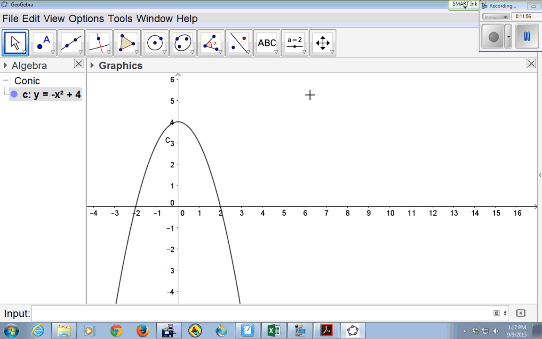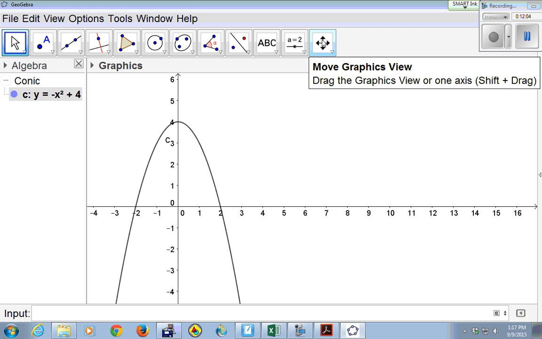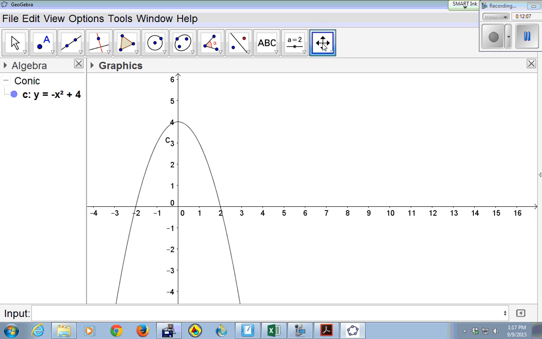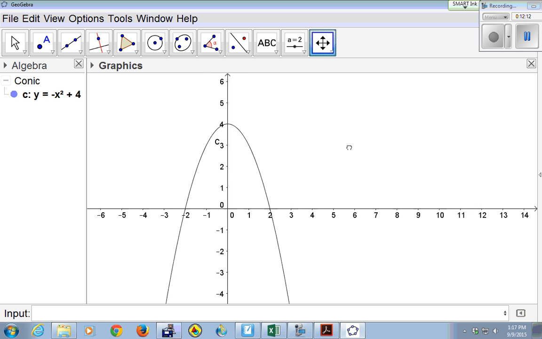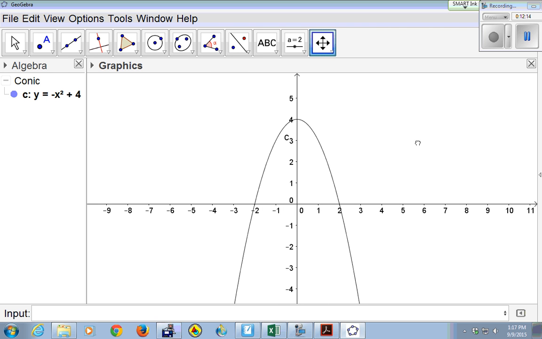So there's lots of cool things you can do, but the main thing you need to know how to do is change the window, just like with the graphing calculator. And you use this little move button to do that. So you click that, and then you can click anywhere. Like I can click right here and drag the whole thing over, so to kind of center it. And if I want to change the scale, you take your cursor and hover it over an axis until it becomes that little double arrow.